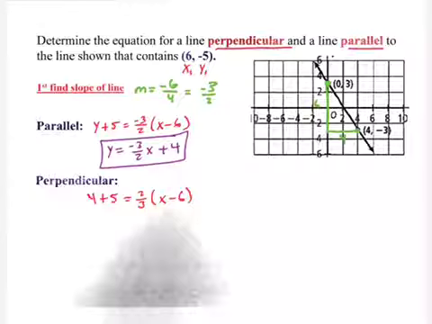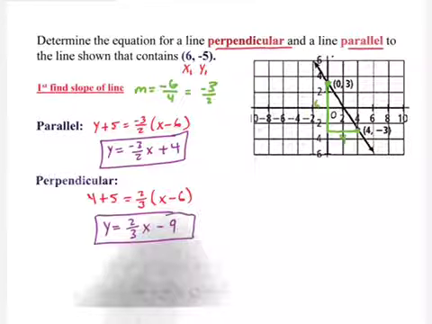Then I'll distribute my slope and bring over the 5, and my slope-intercept form equation becomes y equals 2/3 x minus 9. Wait, hold on one second. Minus 9, yep. So 2/3 x minus 9. And so we have our equation using the same slope as the line they provided. We have one that's going to be parallel to it, and one that'll be perpendicular to it.